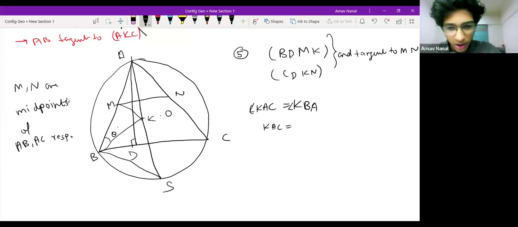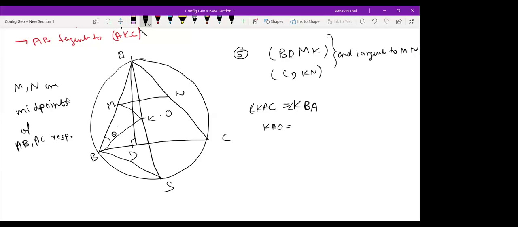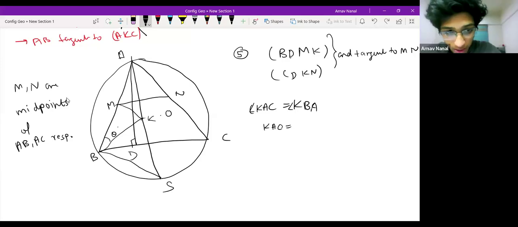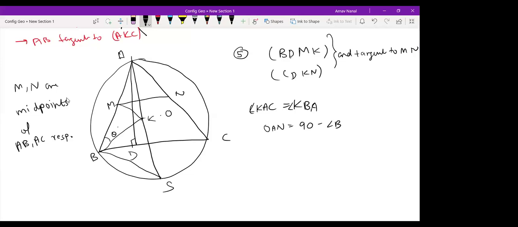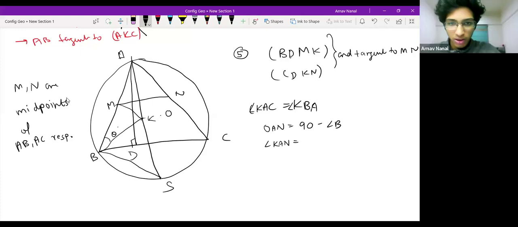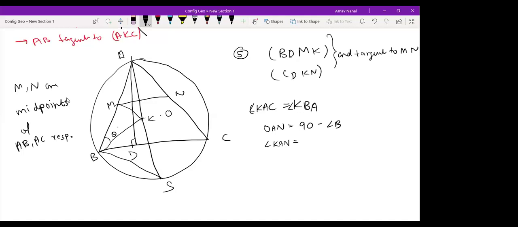So angle KAO is equal to theta plus B minus 90.